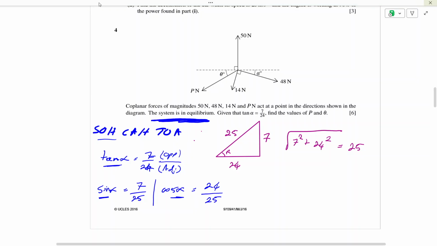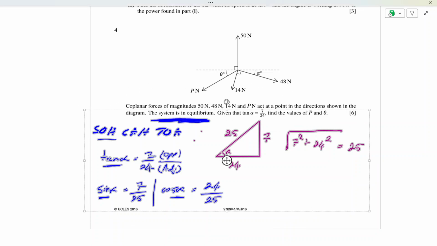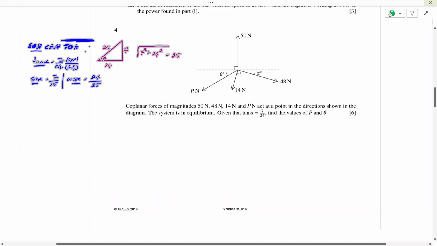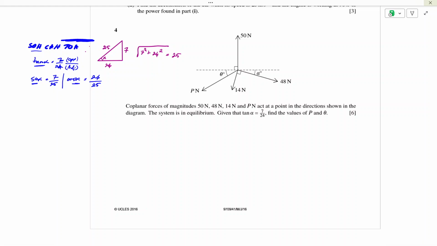Then the second part, how I would approach this question here. So I'm going to place that there. We know that the system is in equilibrium. That means that the forces at this point right there are all balancing.